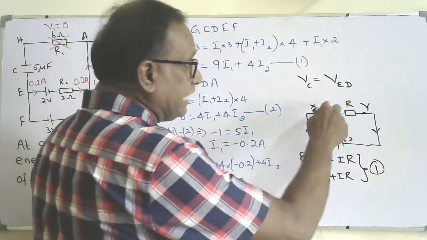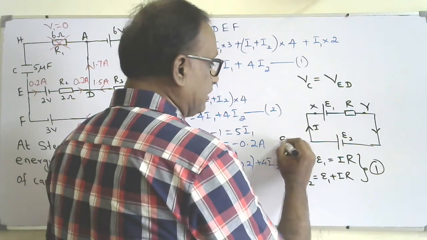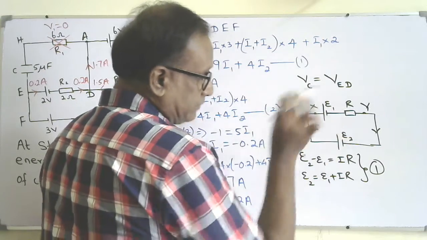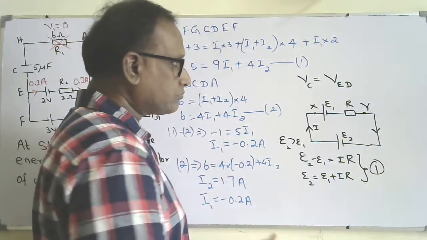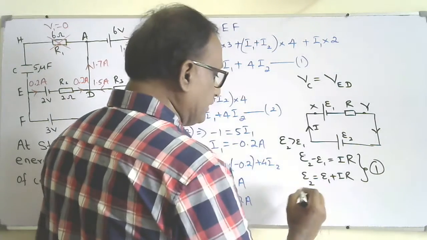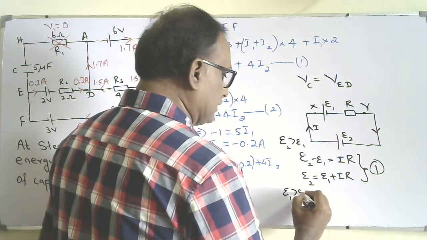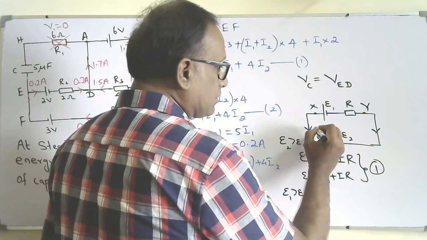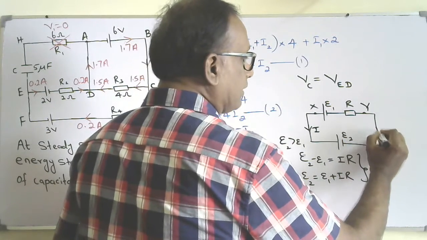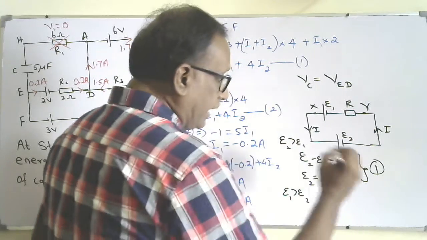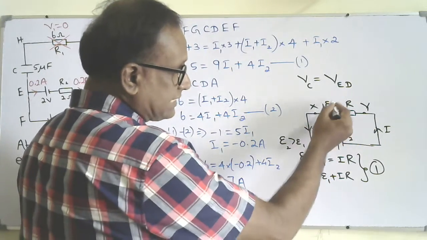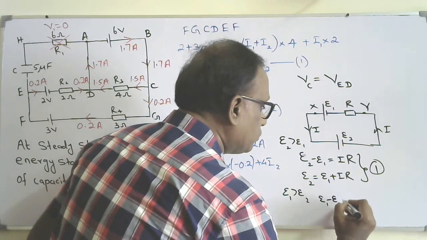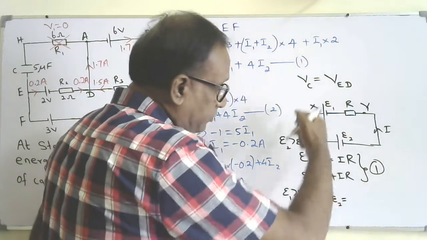Second thing, here I took E2 greater than E1, so the current goes into the positive terminal of E1. If E1 is greater than E2, what will happen? The current will flow the other way. If you write Kirchhoff's second law, E1 minus E2 equals IR, since the current is flowing this way.